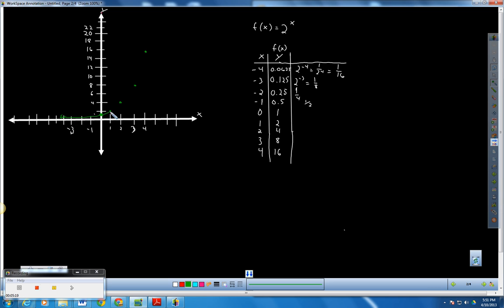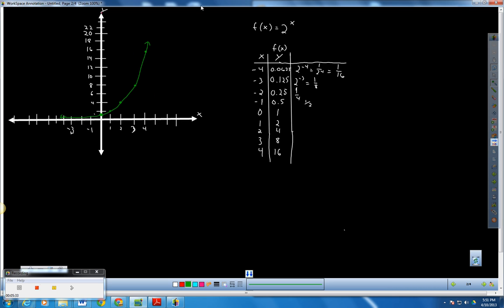Crosses right there at 1, and then it starts its rise. Its rise slow, and then extremely steep. And I'm going to go ahead and stop there because that is one of the best exponential growth functions that I've ever drawn, and you are the first to witness it here because you're paying attention. Alright, so notice how this is the graph of f of x equals 2 raised to the x power.